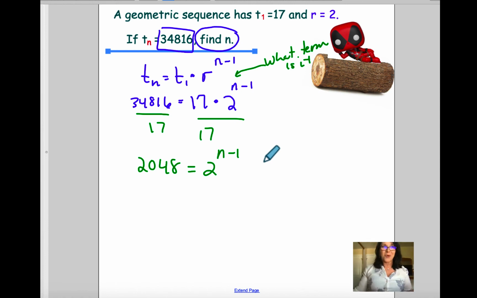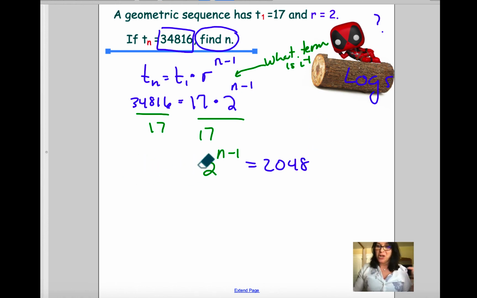Now, I know you're thinking, what do these things have in common? Deadpool, exponents in the power, and you're thinking, oh, logs. Okay, you guys like my humor, I know. So here we go, 2048. I'm going to move that to the other side because I like my logs on the left.